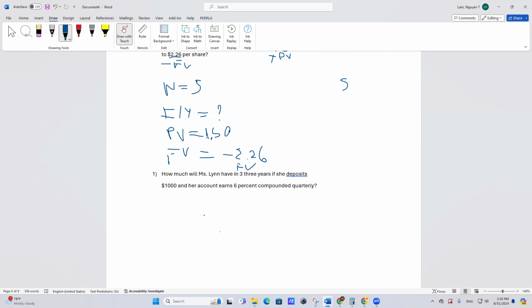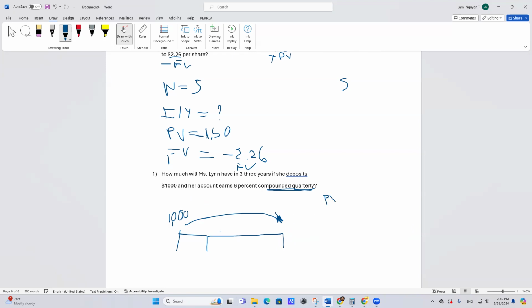This one doesn't say any payment, so I guess it means you just put 1,000. And remember this one is compounded quarterly, right? So she just wants to see what 1,000 will be like if it's compounded quarterly after 3 years. Okay.